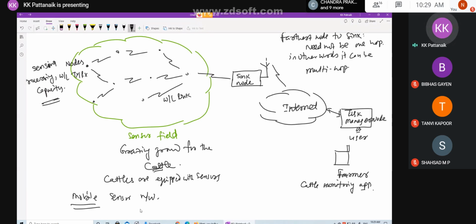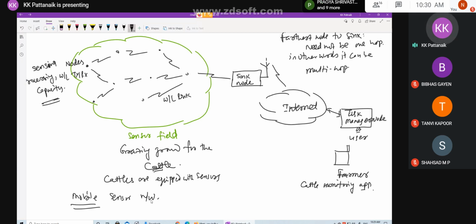In another case, these sensor nodes can be static as well. Suppose I want to study the agriculture field data, for example the soil moisture content, the temperature, and other parameters of the soil.